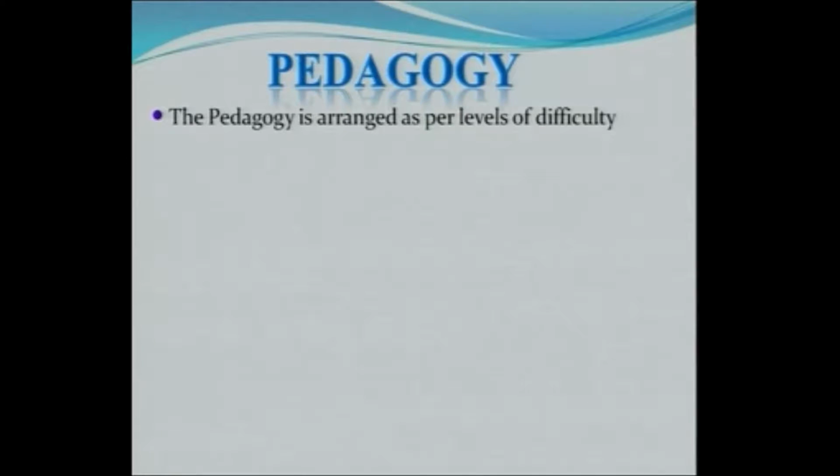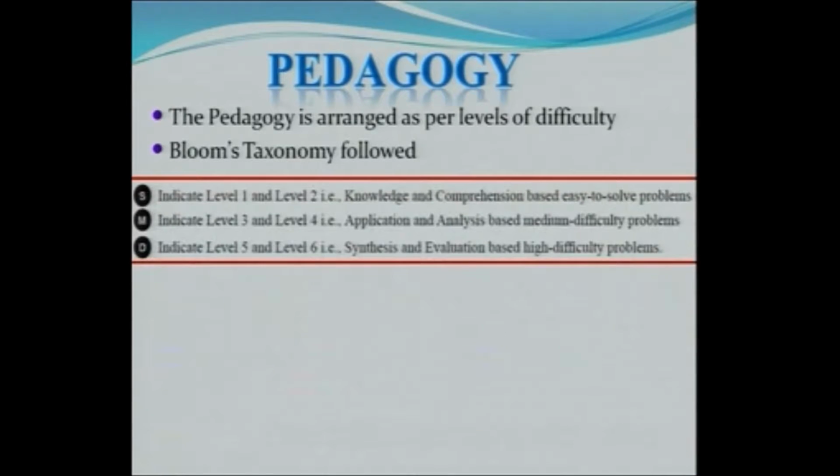Let us now spend a couple of minutes on the pedagogy of this book. The pedagogy is arranged as per levels of difficulty. We have used Bloom's taxonomy. Every problem is marked with an S, M or a D. S represents easy to solve problems.